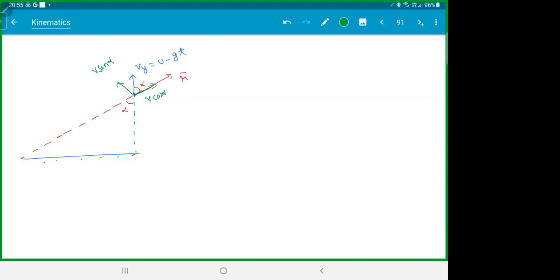This v cos alpha, along r bar, is responsible for changing r bar's magnitude, the length of the vector, whereas this guy is responsible for changing the direction of the vector. This is the meaning of vector components. Whenever you divide a vector along two components, one component is responsible for changing magnitude, and the other is responsible for changing direction.